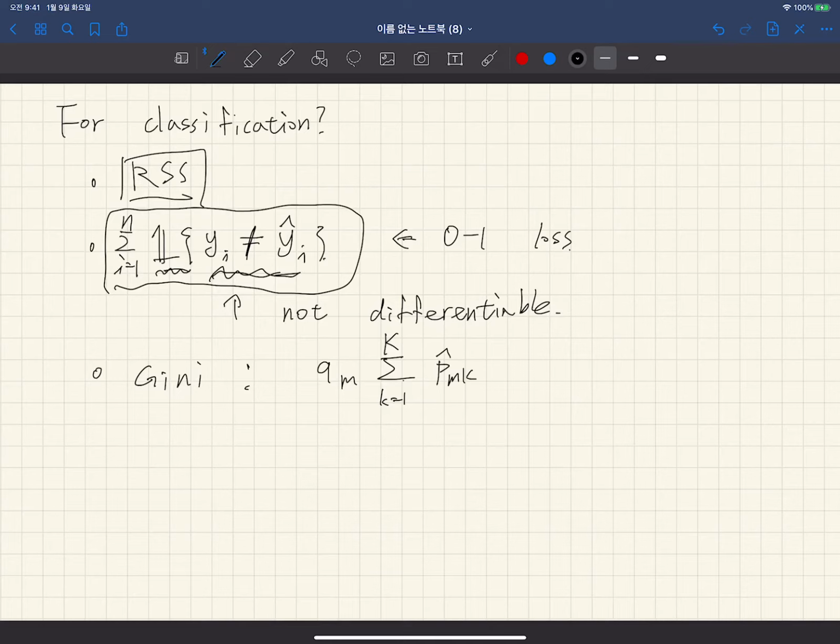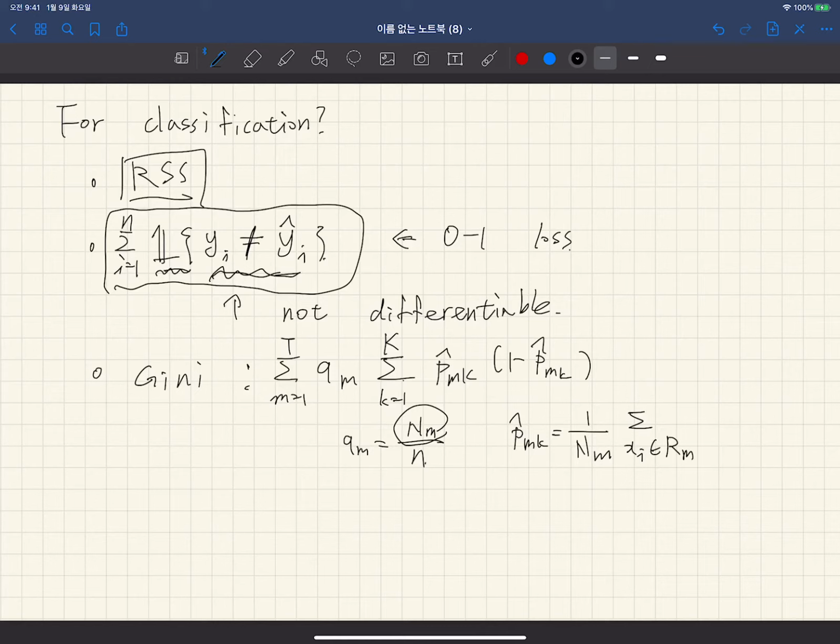Q_m indicates how many data points belong to the m-th area, some portion of your data points belonging to region m, and p hat mk indicates the empirical class distribution in area m, which can be defined like this.